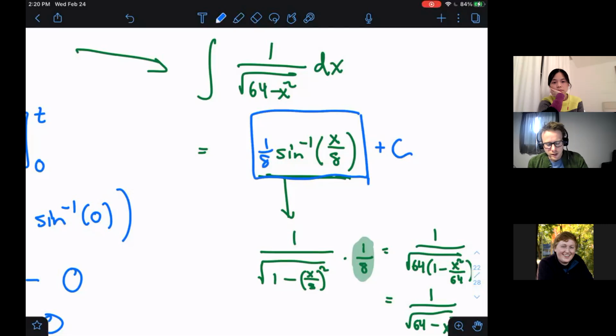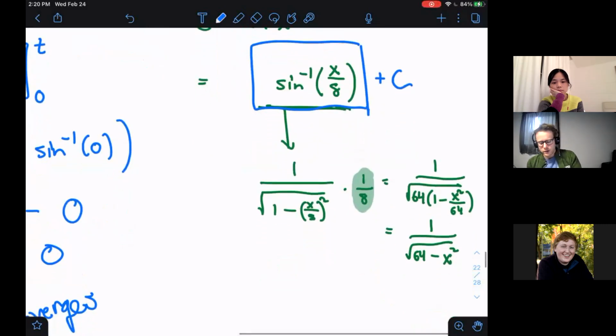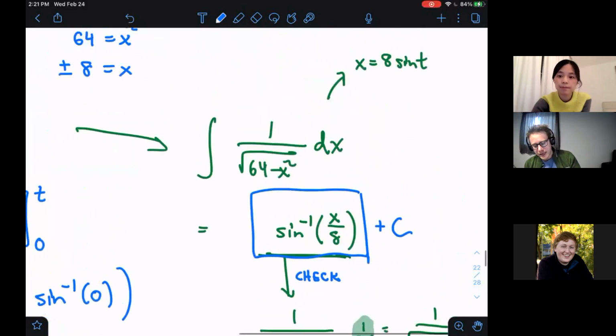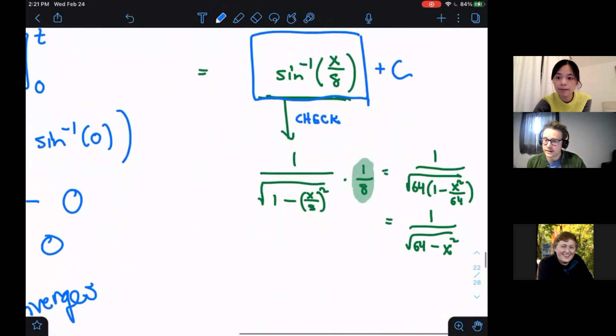So in order to see what my coefficient out in front needed to be, I needed to check. This right here is just a check. If this is the correct antiderivative, then if I take the derivative of it, I should get exactly back to where I started. And notice I did get exactly back to where I started, so I was happy with this as the antiderivative.